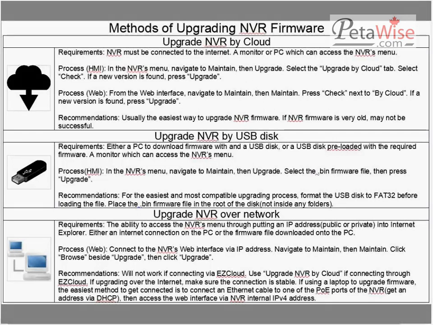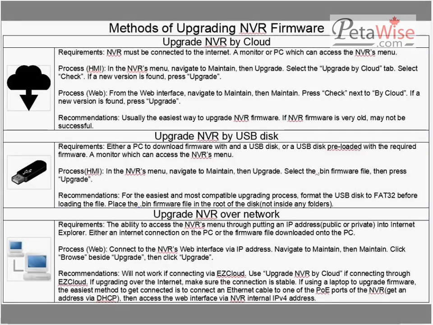But you do need a connection to the NVR. This is the most compatible way. If, for whatever reason, your USB disk isn't working, or if you can't connect to the internet to download a cloud upgrade, the network upgrade is the most stable and most reliable way of upgrading the firmware.